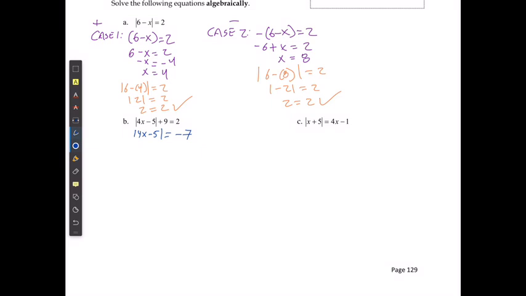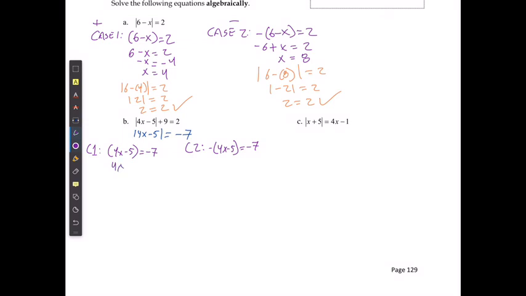Now, when I'm solving this, I'm going to split it off into the two possibilities. Case 1 is going to be the positive version: 4x minus 5 is equal to negative 7. And case 2 is going to be the negative version: negative 4x minus 5 is equal to negative 7.